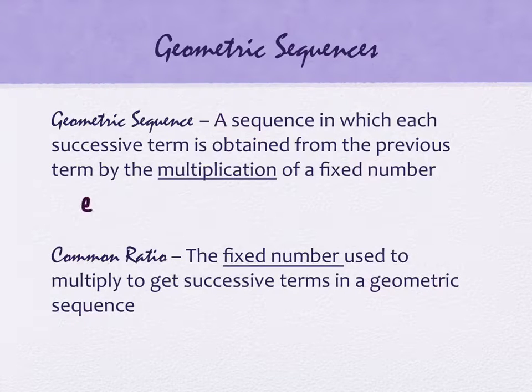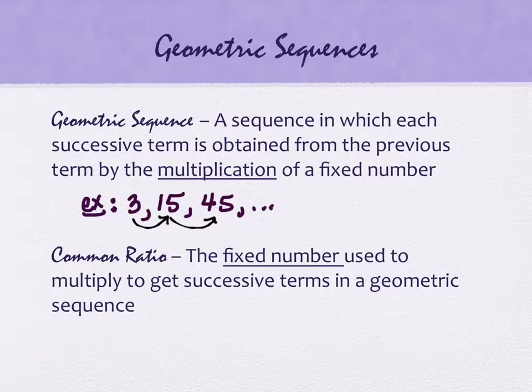So let's say, for instance, I had 3, 15, 45. Did anybody notice what I multiply each time by? By 5. 3 times 5 is 15.